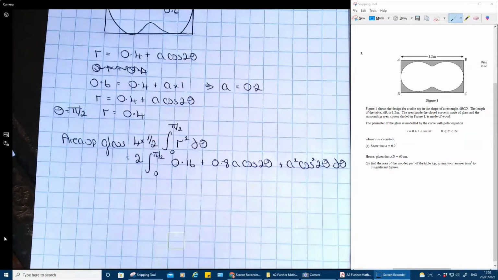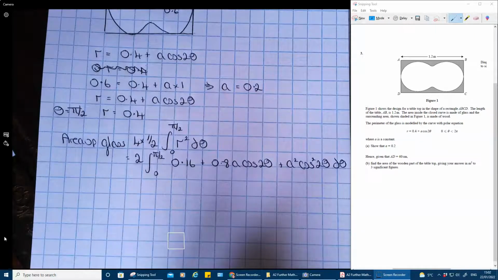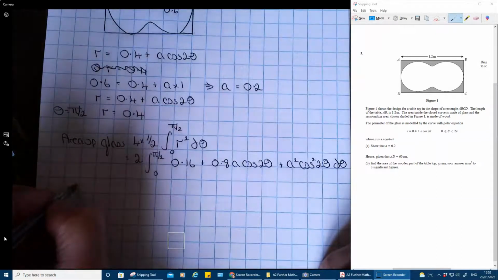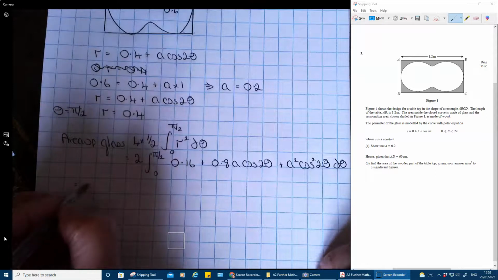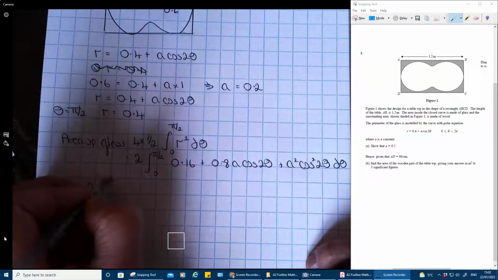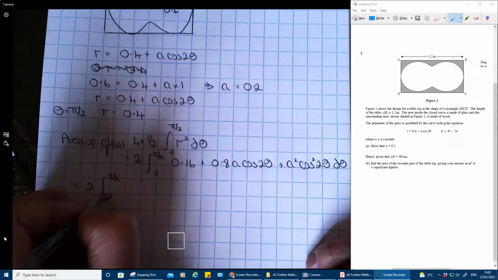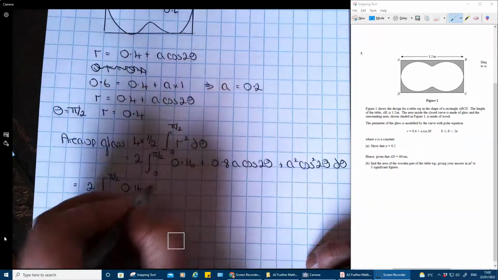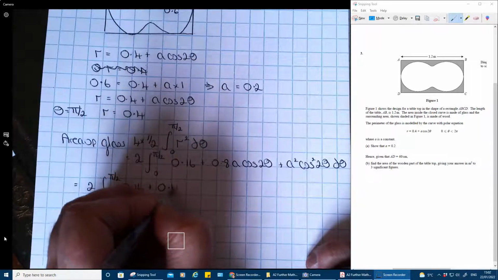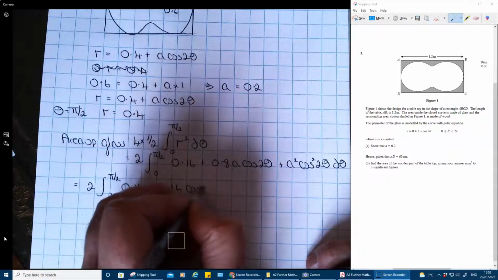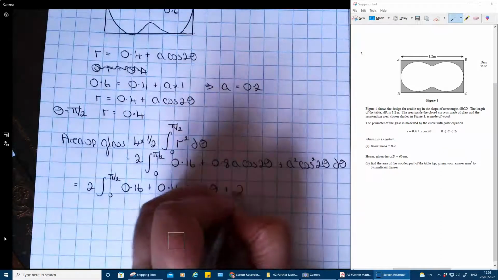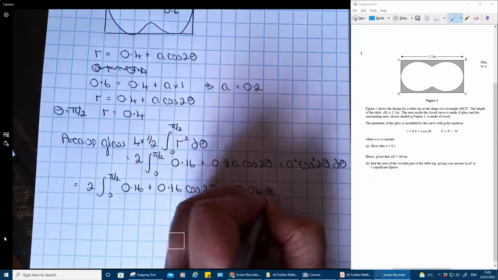Now I know a is 0.2, so I'll plug that in. So we get 2 times the integral pi by 2, 0, 0.8 times 0.2 is 0.16, 0.2 squared, 0.04.